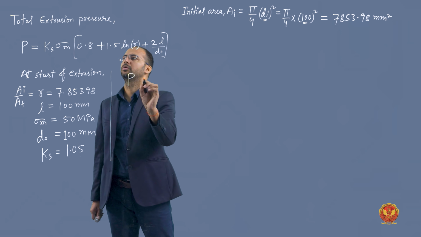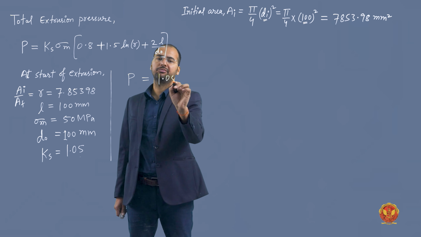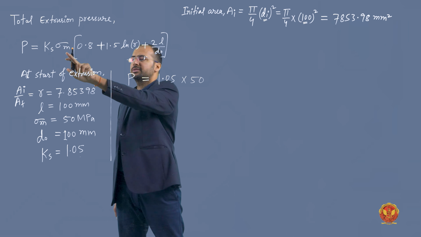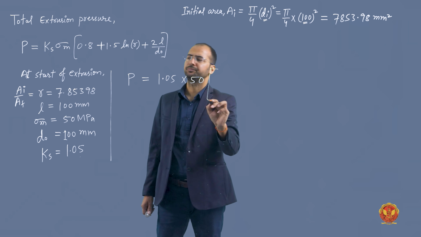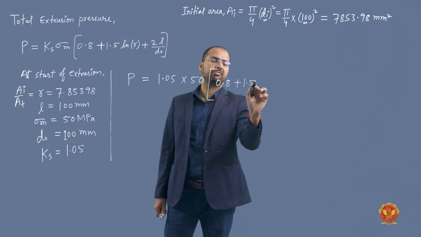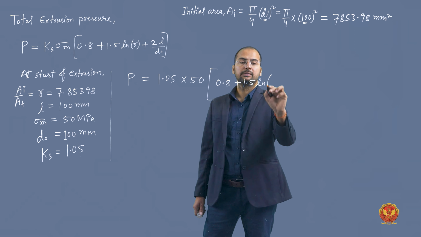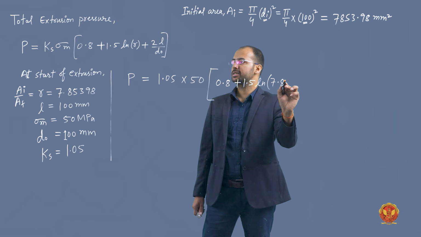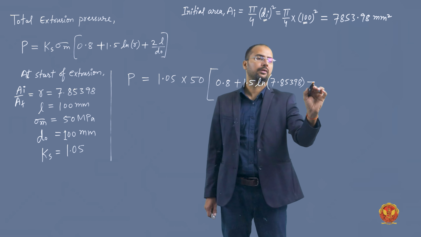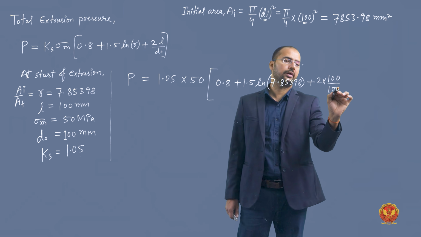So total extrusion pressure P will be 1.05, Ks, into 50 megapascal, that is mean flow strength, into 0.8 plus 1.5 ln of the value of R, 7.8539, plus 2 into the value of L, given as 100, and D0 is also 100.